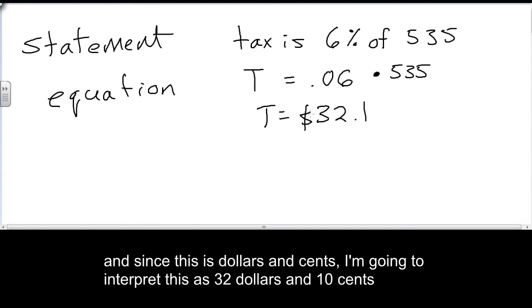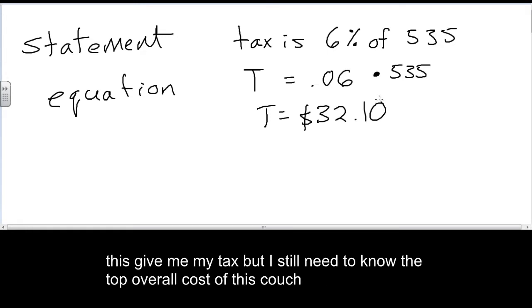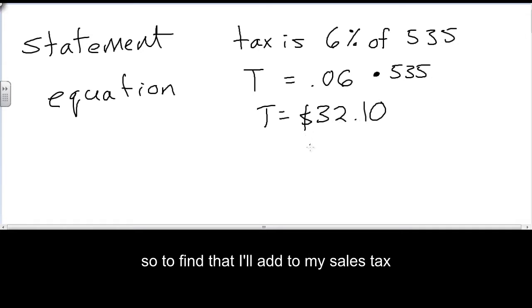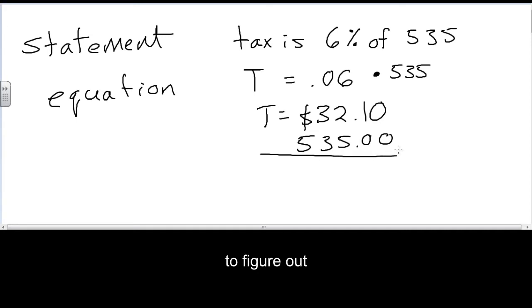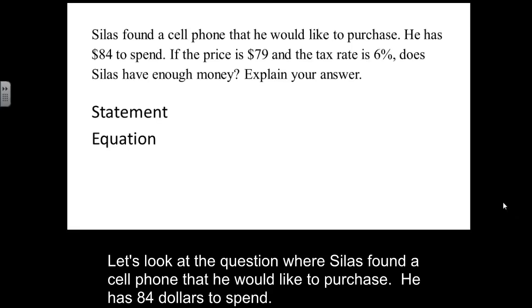And since this is dollars and cents, I'm going to interpret this as $32.10. This gives us my tax, but I still need to know the overall cost of this couch. So to find that, I'll add to my sales tax the original value of the item to figure out my total cost, which is $567.10.